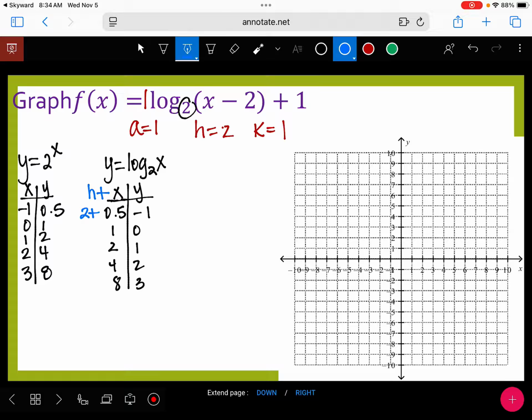Go ahead and add 2 all the way down. And on the Y side, I'm multiplying by A and adding K. Well, since A is 1, I'm not going to multiply by 1, but I am going to add the 1. So now make your third table, and this is the table we will graph. You're going to add 2 to your X values, add 1 to your Y values.